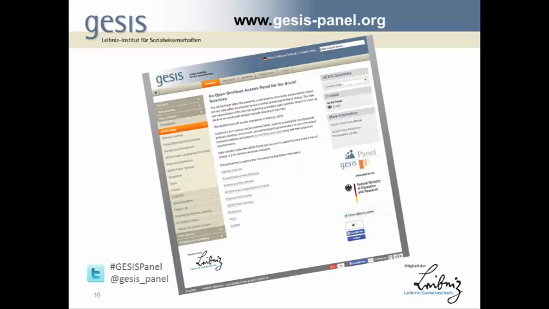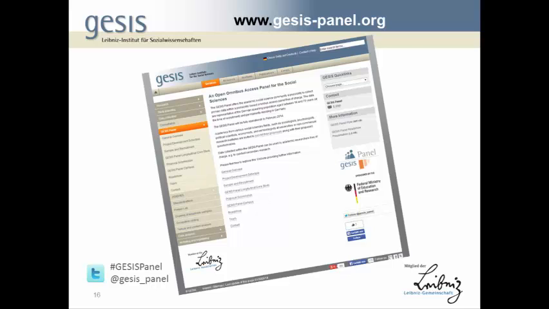The strategy in the GESIS panel was, and we were lucky because there were other projects out there, like the LIS panel. We learned a lot from the LIS panel. We learned from the German Internet Panel, which is a closed panel. The German Internet Panel at the University of Mannheim is not open to the public. So we were able to develop solutions to prevent these huge catastrophes from happening.